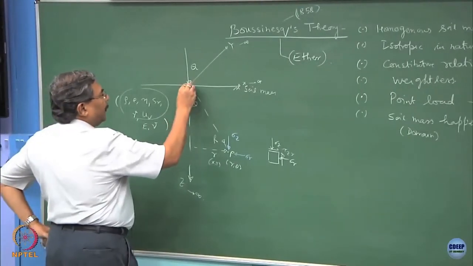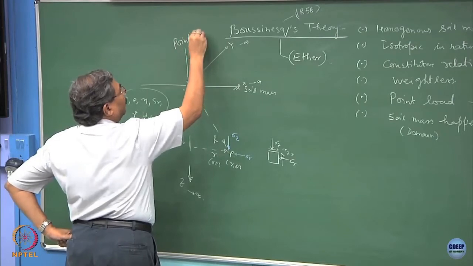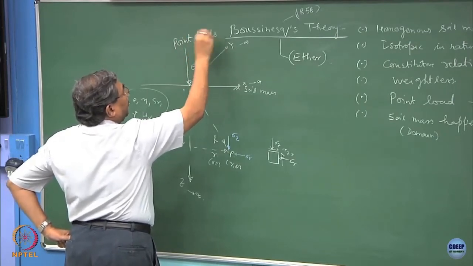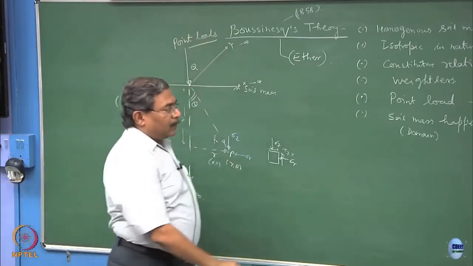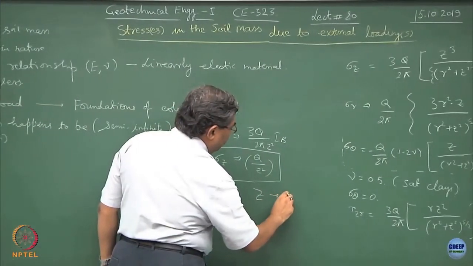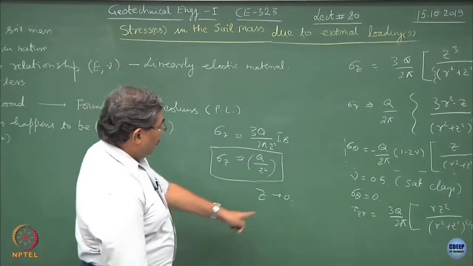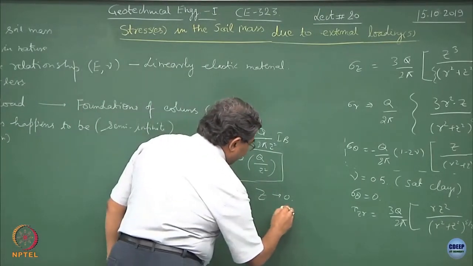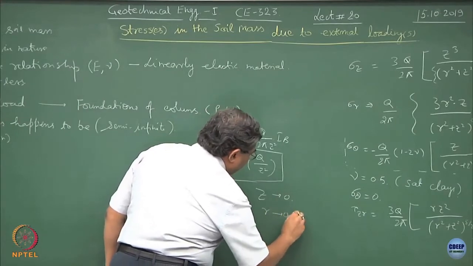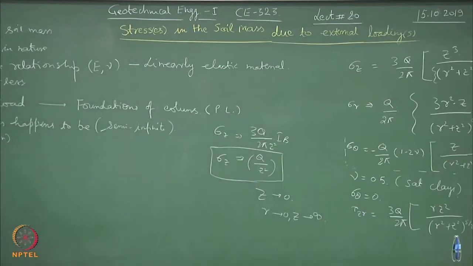See, we started with the point load because the Boussinesq's equation is for the point loads. Now, suppose if I say that z tends to 0, or for that matter, if let us say I said r tends to 0 and z tends to infinity, where this point would be?